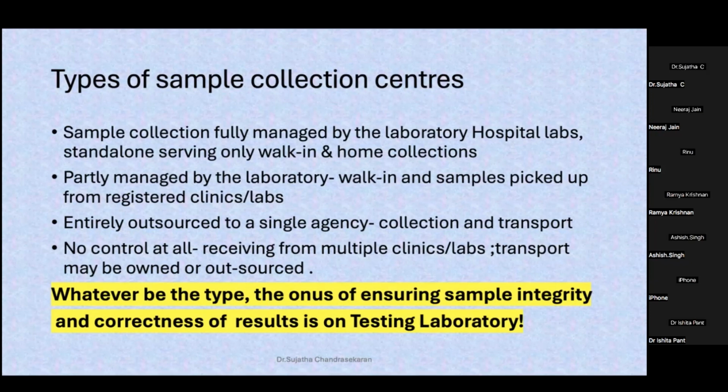And there is the last one, which is mushrooming now. There is absolutely no control for the lab. The lab receives samples from multiple clinics randomly, multiple labs, again randomly, from all over the country or from outside the country. The transport may be owned by the lab or it may be outsourced.